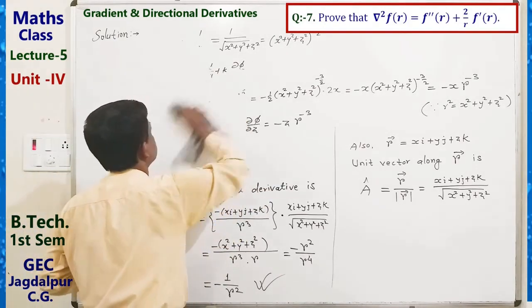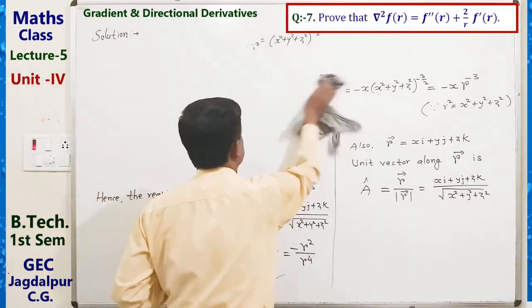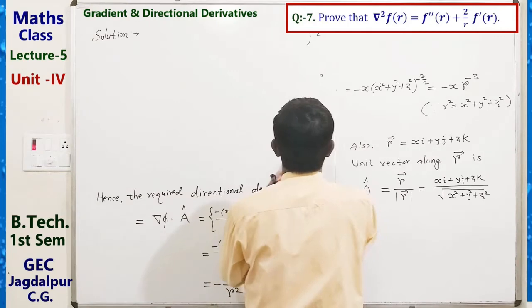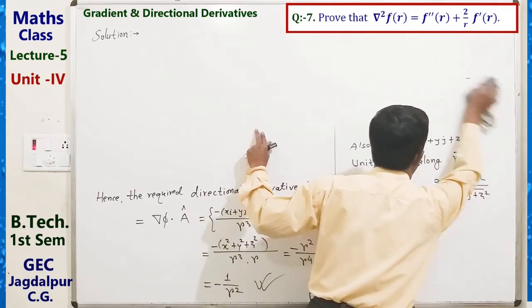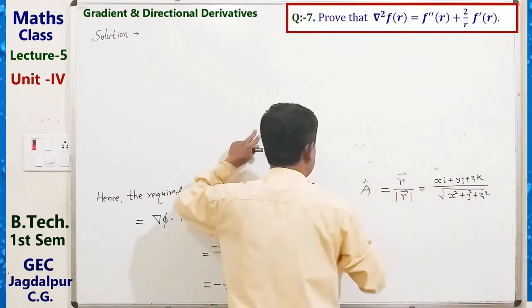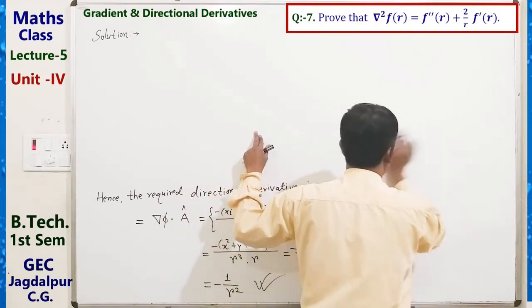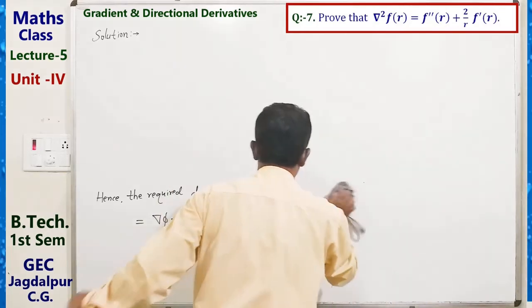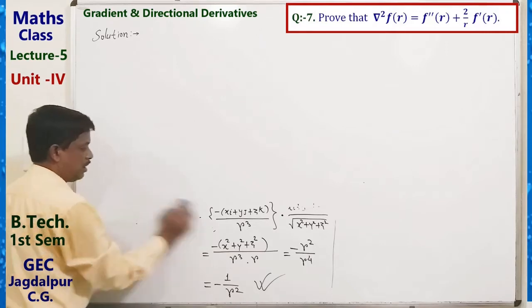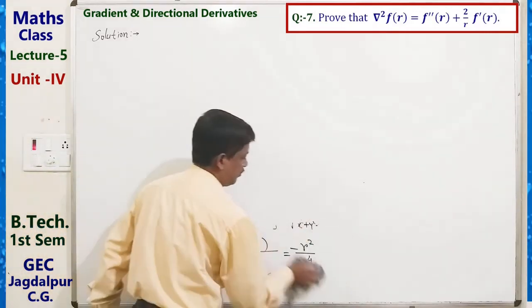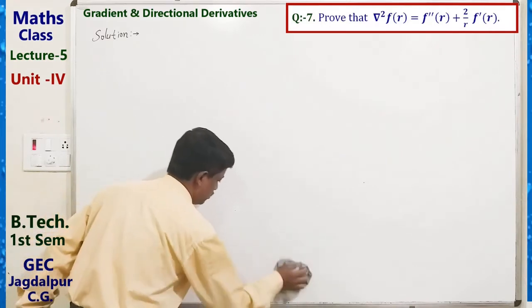So see here, we know the square of a vector is the vector dot vector. So here we use that part for proving this identity in the given question.